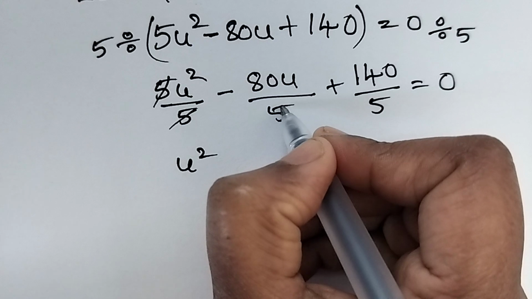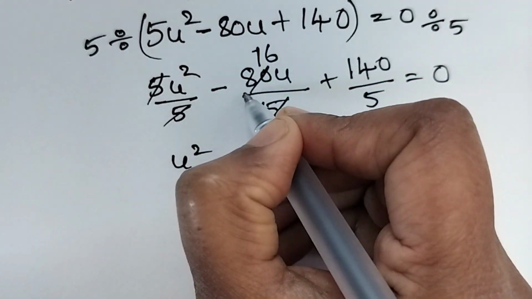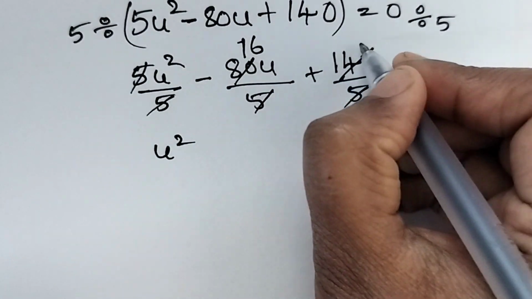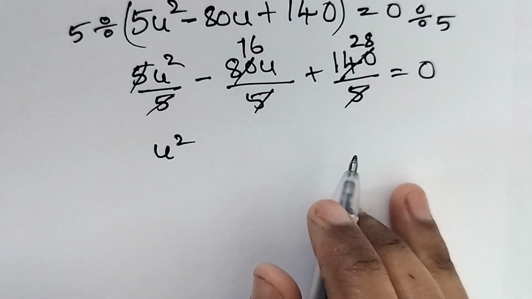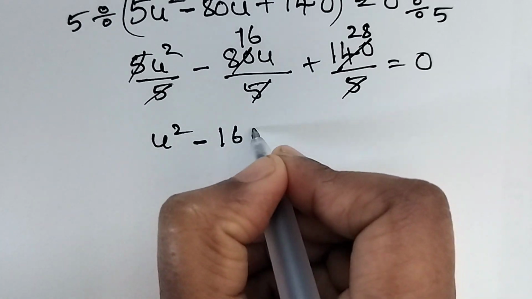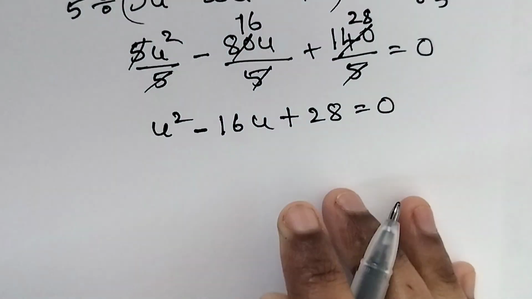So here 5 16s are 80 and 5 28s are 140. So now u square minus 16u plus 28 is equal to 0.